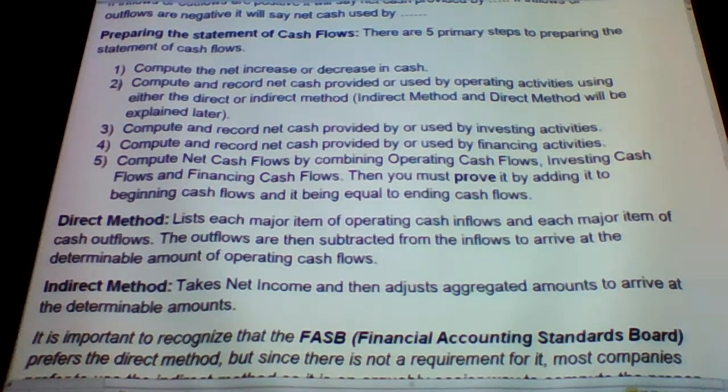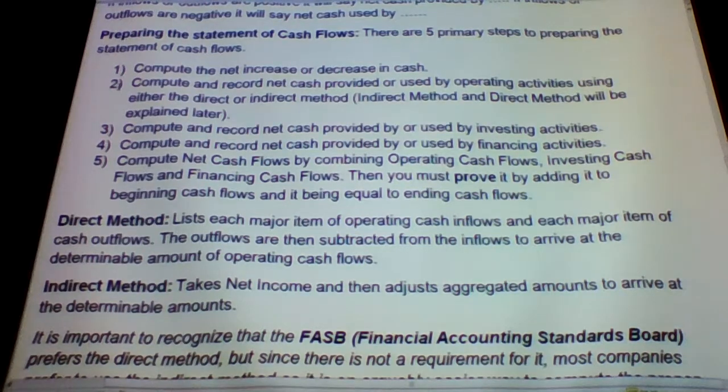Compute and record net cash provided or used by investing activities, and provided or used by financing activities, and then compute and record net cash flows by combining operating cash flows, investing cash flows, and financing cash flows. Then you must prove it by adding it to beginning cash and it being equal to ending cash.